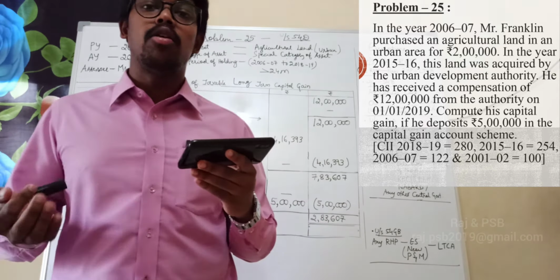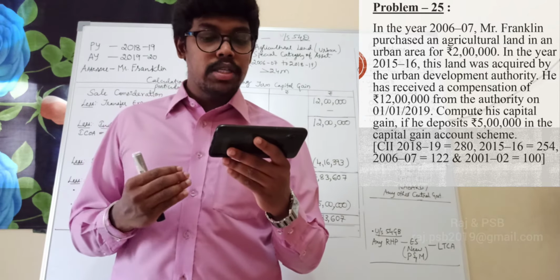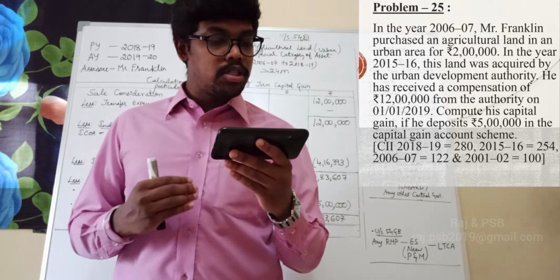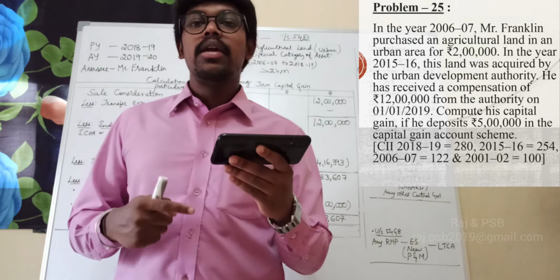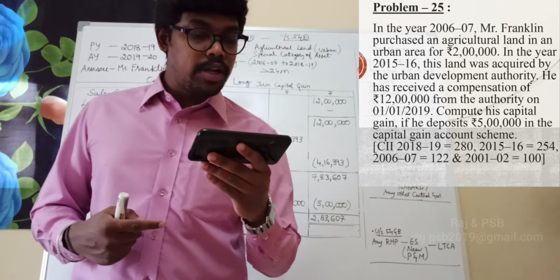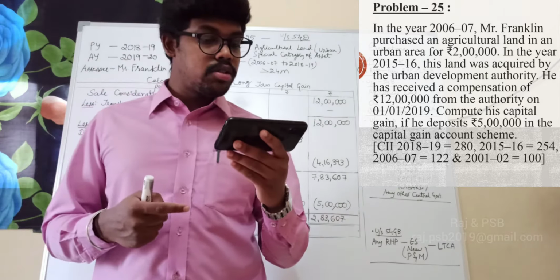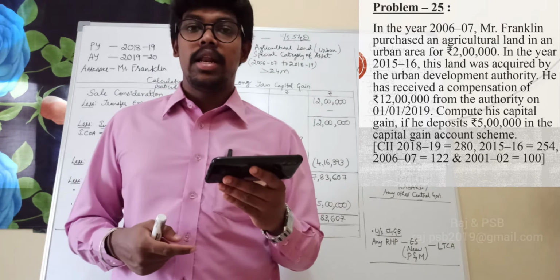So he took the compensation in 2019, that will be treated as sale consideration. Compute his capital gain if he deposits rupees 5 lakh in the capital gain account scheme. The CII will be 2018-19 is 280, 2015-16 is 254, 2006-7 is 122, and 2001-2 is 100.